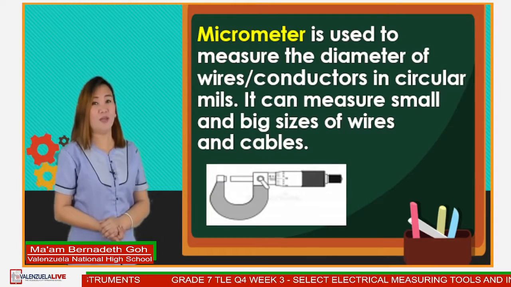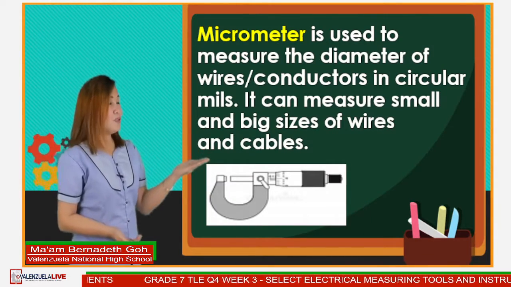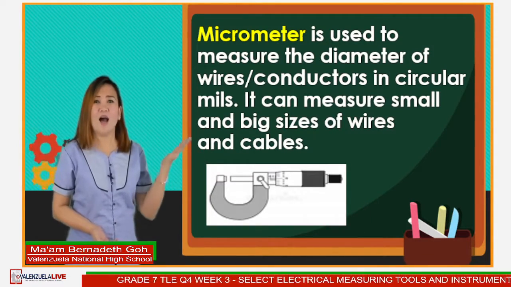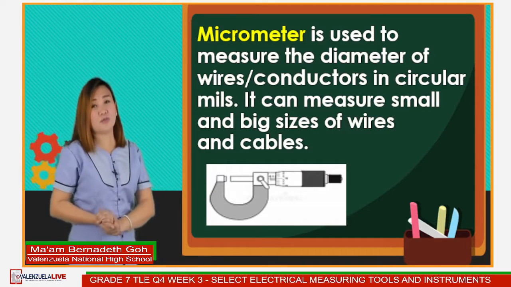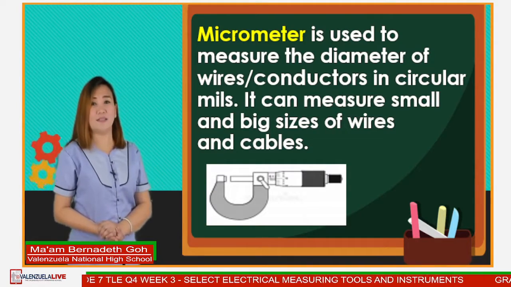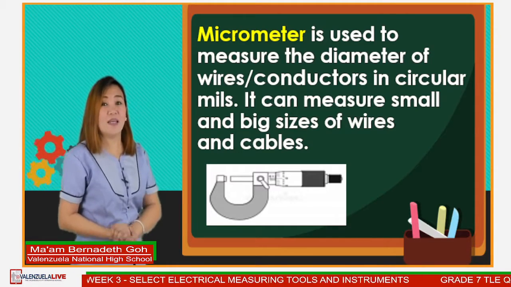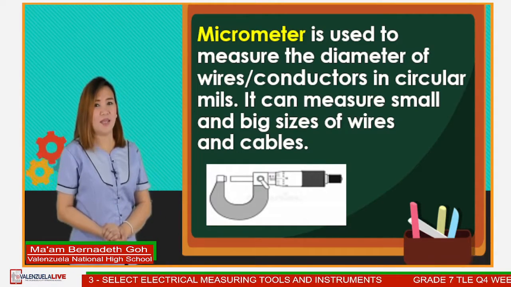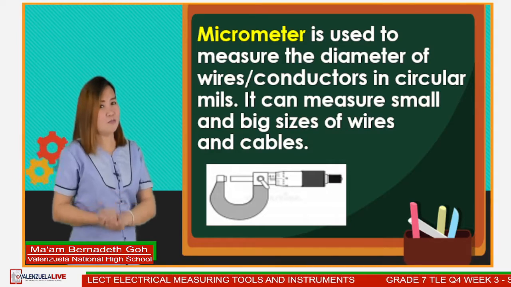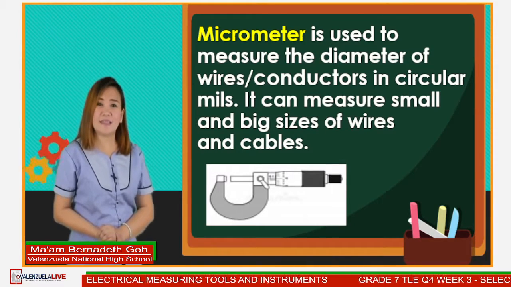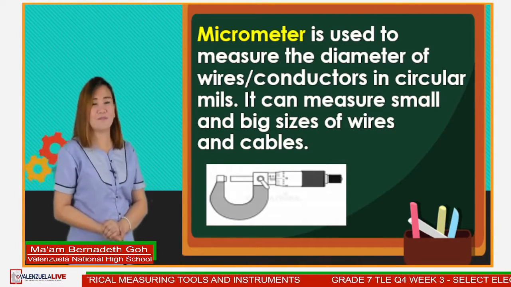Next, we have micrometer. A micrometer is used to measure the diameter of wires or conductors in circular mills. It can measure small and big sizes of wires and cables.